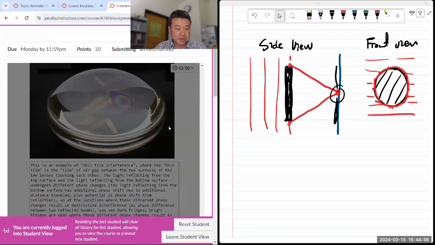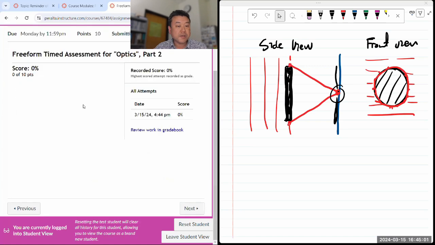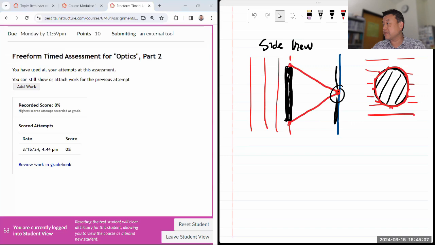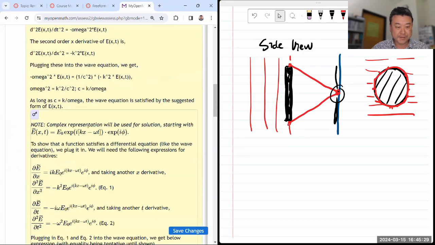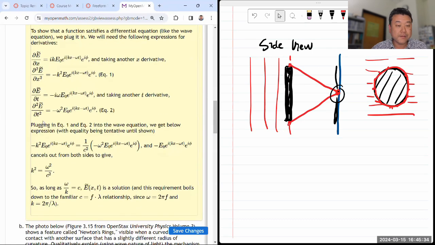I'll do the same thing with this. I will go get the model answers and make sure that I didn't miss something important. Here's part 2. Oh, the test student is the only one who's done it. Let's look at the answer key. You're just taking a derivative. You can take it one at a time, or I think you can take it all at once.